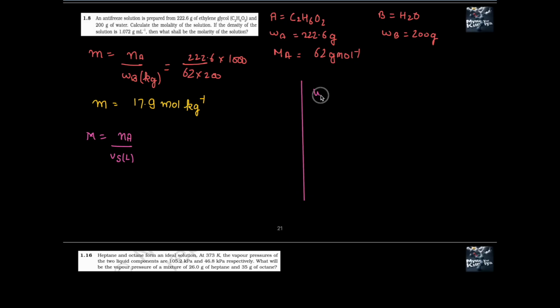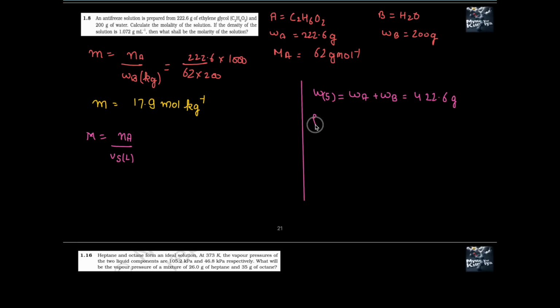How? Weight of solution would be equal to weight of A plus weight of B. Weight of A is 222.6 gram and weight of B is 200 grams. In total, it will give us 422.6 gram weight of solution.